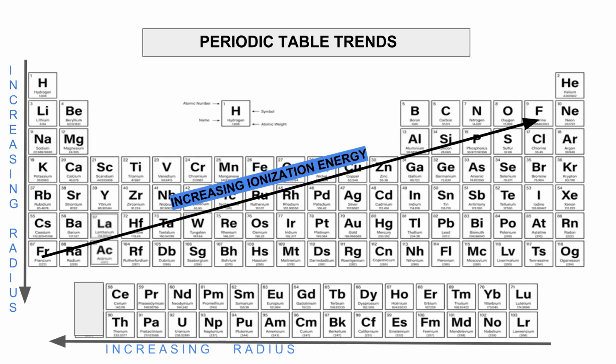So instead of going right to left and down, we're now going from left to right and up. So elements all the way in the upper right-hand corner are more likely to become ions, which makes sense. And speaking of which, all the other trends are pretty much the same.